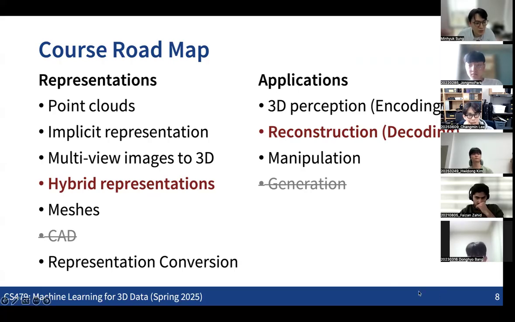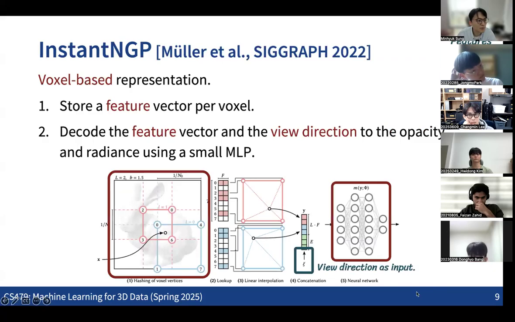One of the ideas that we discussed last time was Instant NGP, which incorporates voxels, where we store some features for each voxel in a way that the features are decoded through the rendering pipeline.